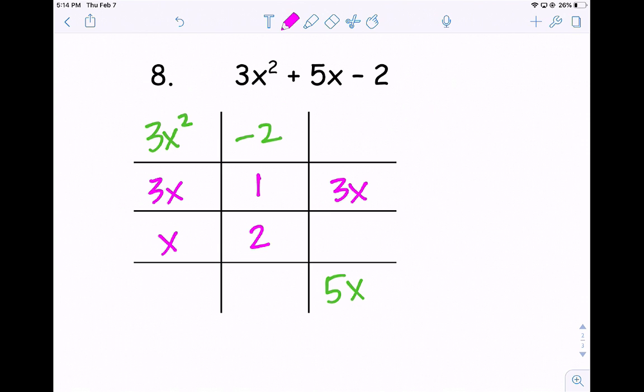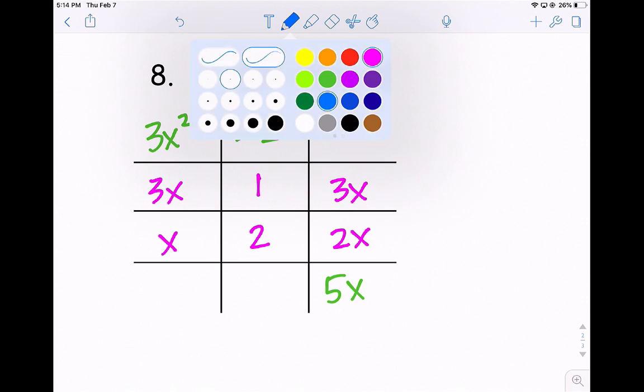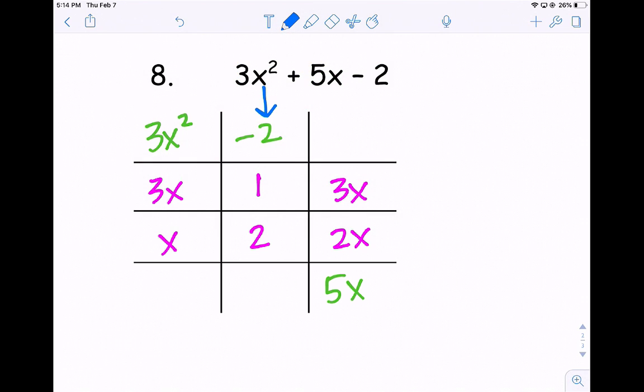X times 2 is 2x. If I add 3 and 2, I get 5. Everything looks good, except when I go back and check this middle column. Well, 2 times 1 doesn't give me negative 2, and I didn't make either of these negative to carry over a negative. So while this looks like it's going to work, it doesn't actually work. So we always, always, always want to go back and check this middle column.